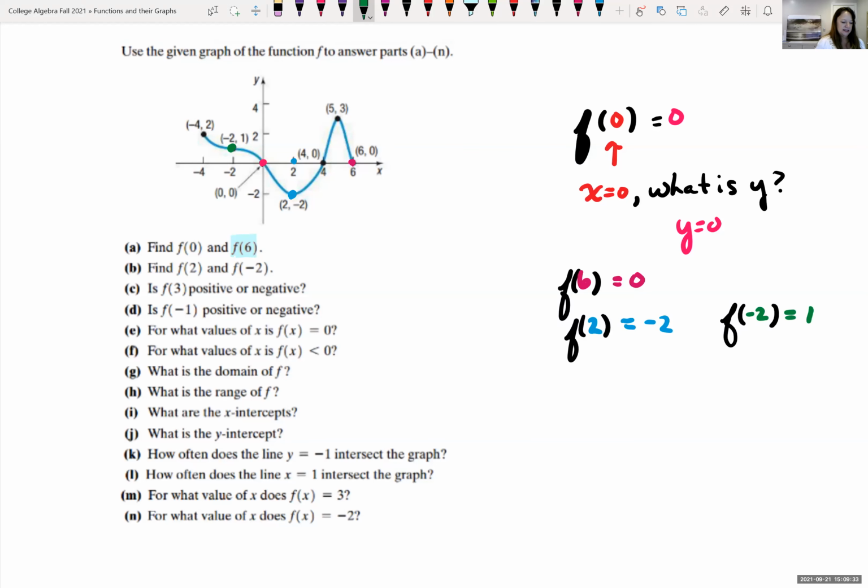Part C says, is f of 3 positive or negative? If we look at when x is 3, we want to see, is this below or above the x-axis? That will tell us if it's a positive or a negative number. The graph here falls below the x-axis, and so f of 3 is a negative number.